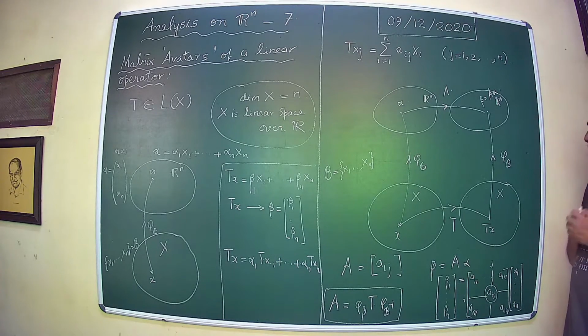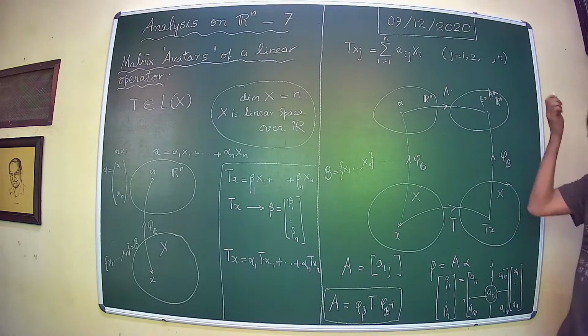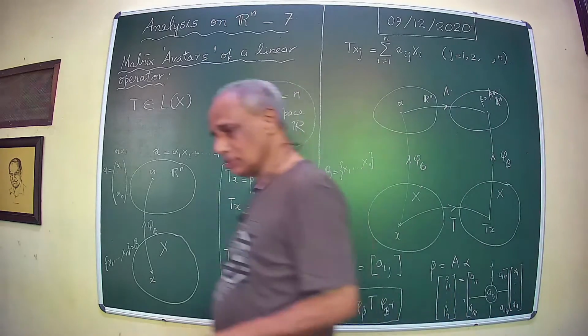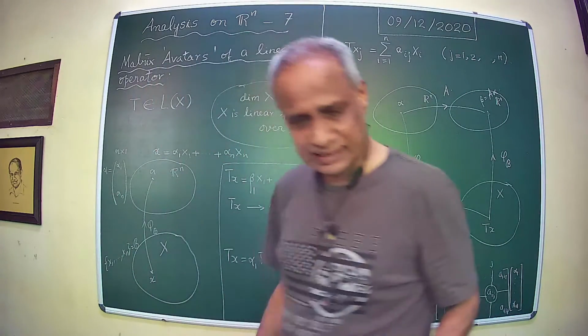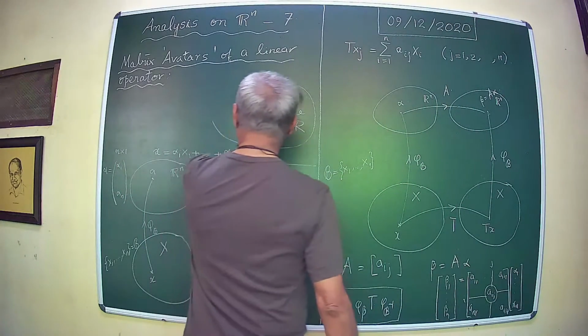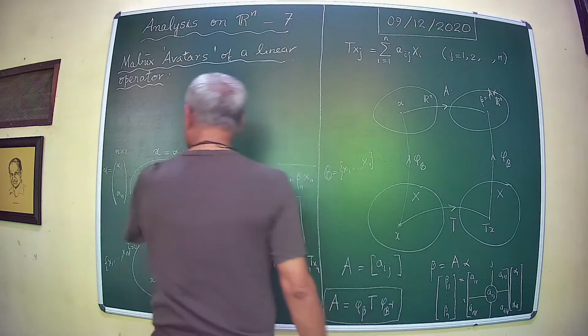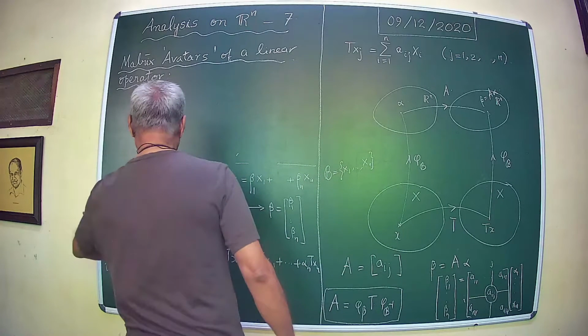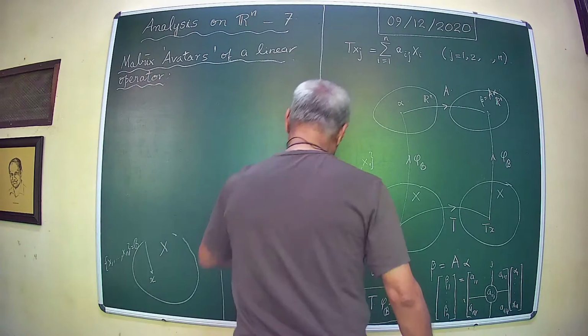Naturally, you expect a new matrix representation to emerge. Okay, so let us explore how these things work. Let me draw another picture, and these schematic diagrams tell you everything about all of this.